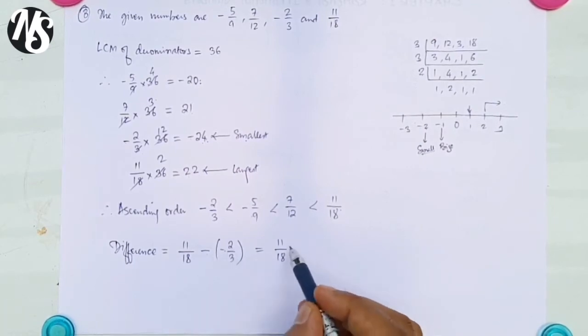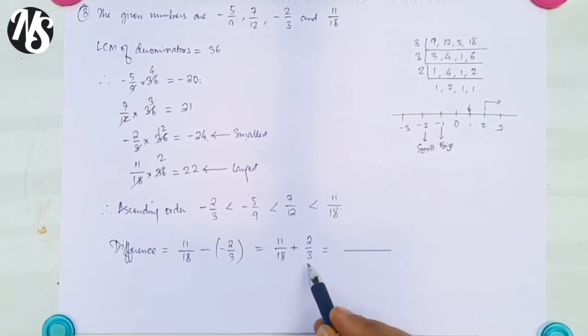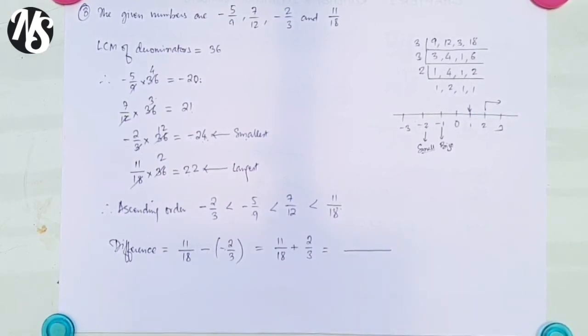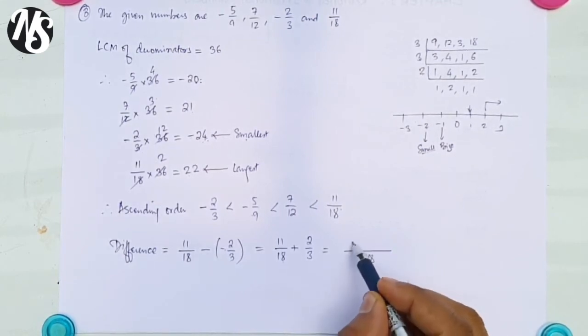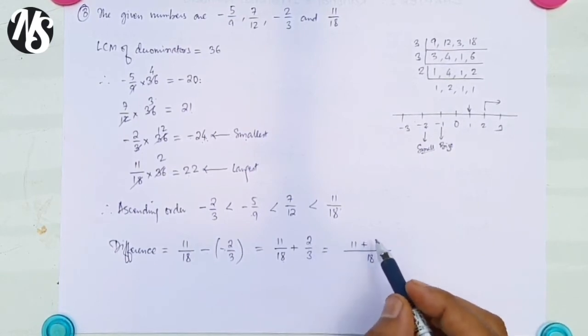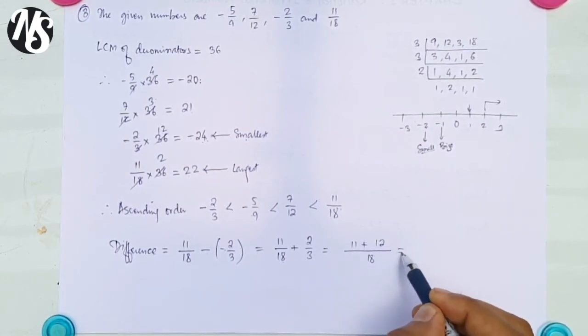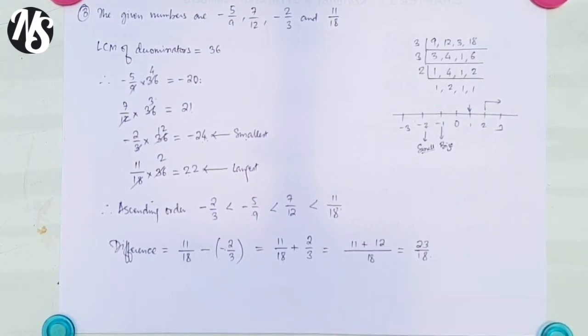Minus into minus becomes plus 2 by 3, right? So you need to add these two fractions. First you find the LCM of 18 and 3. LCM is 18, so divide 18 by 3, you get 6. 6 into 2 is 12. So how much is this? This is 23 by 18.